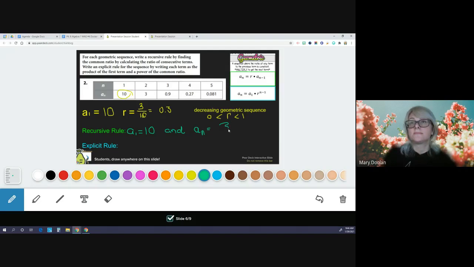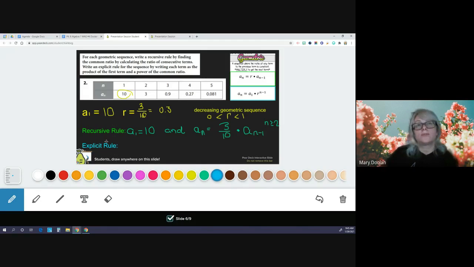Three-tenths. You could write 3/10, or you could write 0.3. You read them the same. You can write it either way, as a fraction or as a decimal. And we're going to multiply that by a sub n minus 1. So all I replaced was what a sub 1 is and what r is to get the formula. And then you do want to include that this is for n greater than or equal to 2. Okay, so that's the new rule that we're using.